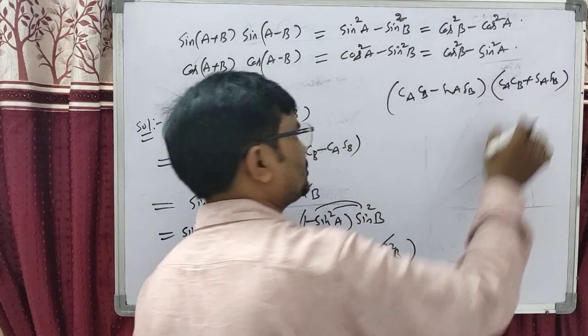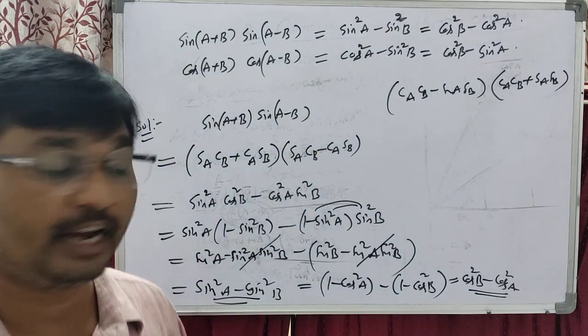Dear students, (A minus B) into (A plus B) gives a square minus b square.